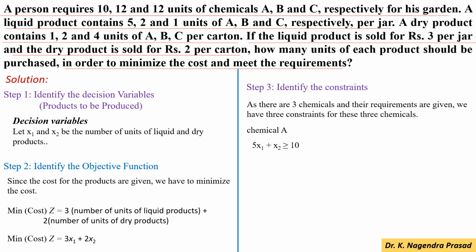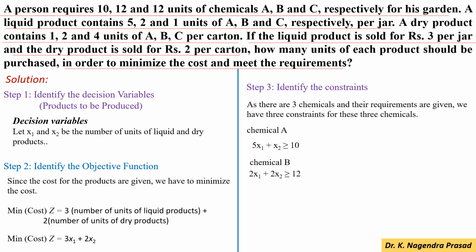Here chemical B requirement is 12 units and liquid product contains 2 units and dry product contains 2 units. So the constraint in the chemical B point of view is 2x1 plus 2x2 greater than or equal to 12.